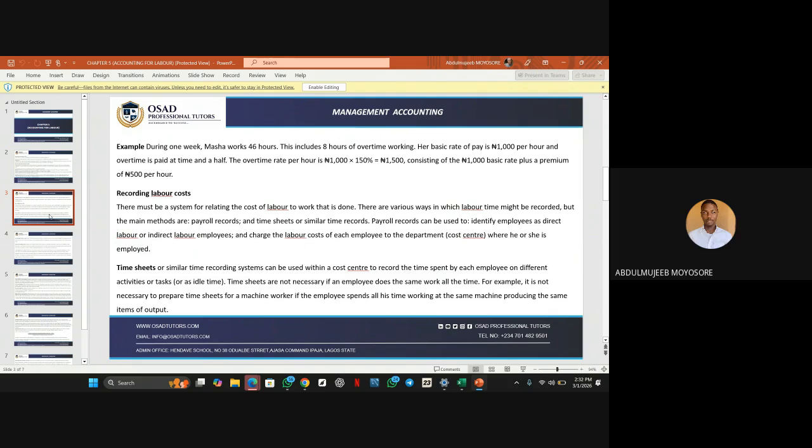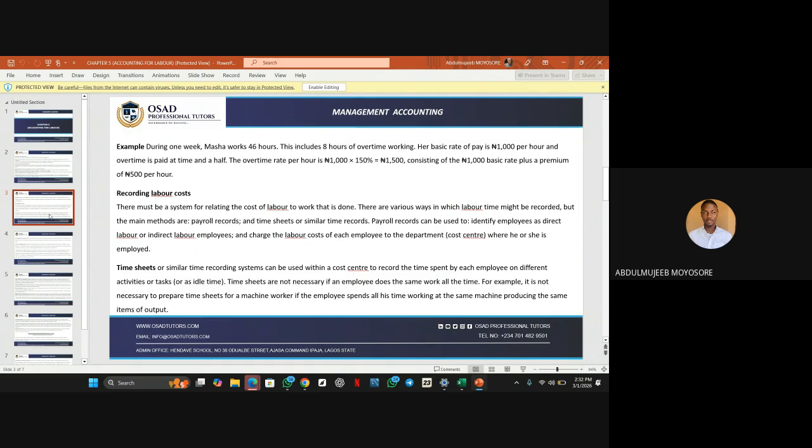Now, her basic rate of pay is 1,000 naira per hour, and overtime is paid at time and half. What does time and half mean there? Overtime is paid at time and half means that we actually pay this person 1,000 naira per hour, but overtime is time and half.